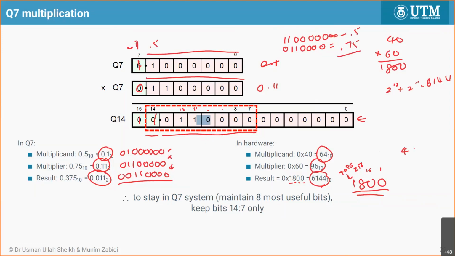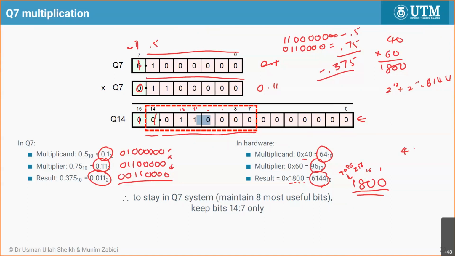So go to Google calculator for a while. 0.5 times 0.75, I should get 0.375. I will get negative 0.375. So this is the number that we expect. If I multiply this, the integer will no longer be 60, but 40.